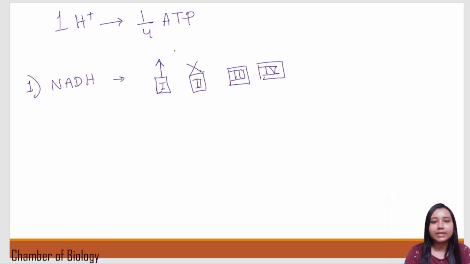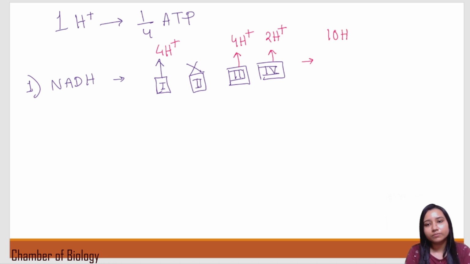So we will see NADH, it is going to pump 4 H+, and the third complex is going to again transport 4, and the fourth one is going to transport 2 electrons, 2 protons. So finally we are getting how many? 10 protons, right, from 1 NADH.